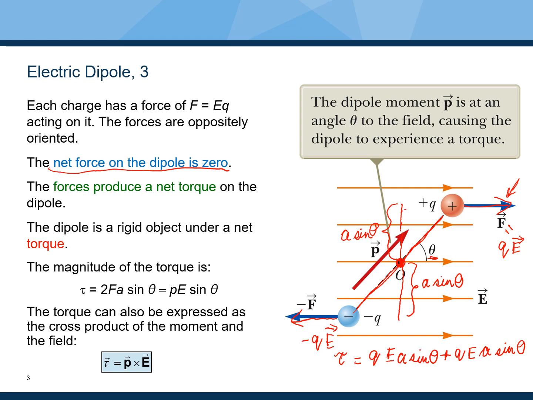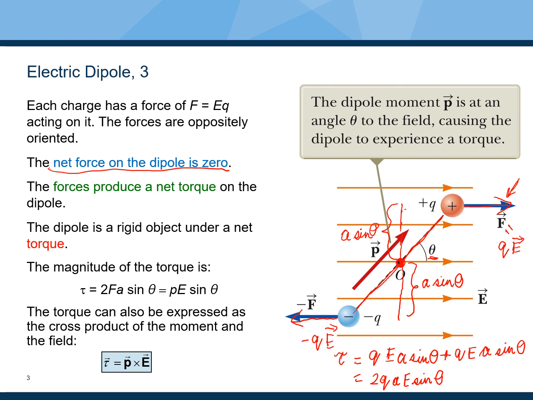Therefore, we have a net torque, which is in fact given by 2 Q A times E times sine theta.